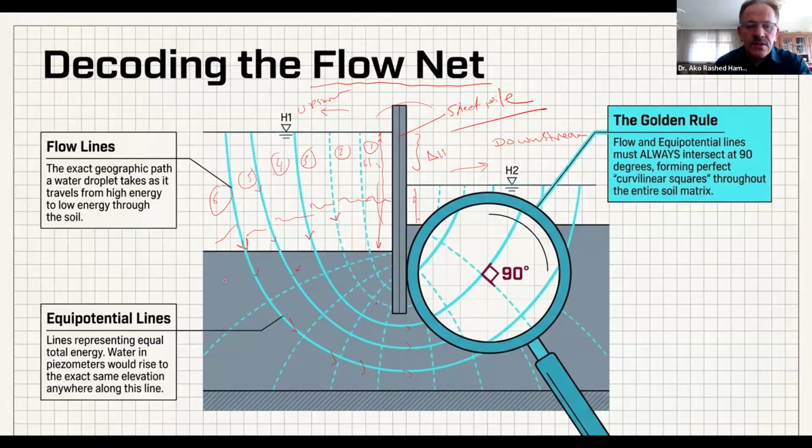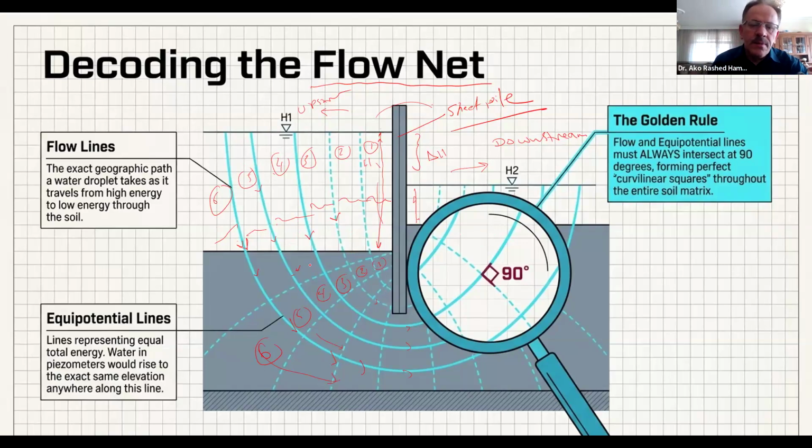So we have six channels. These six channels will act as channels to let the water go from the upstream to downstream.